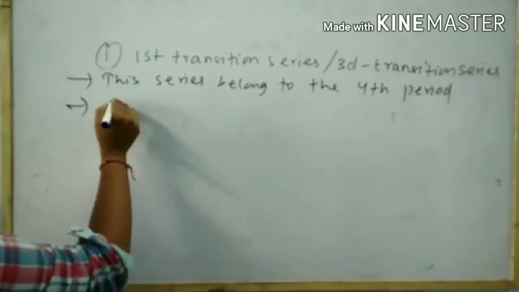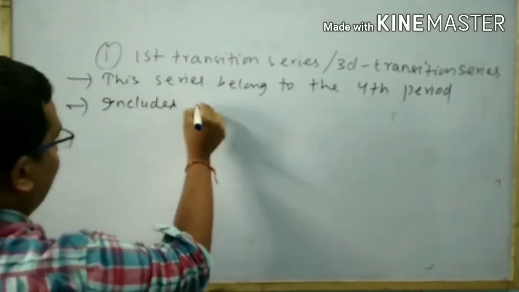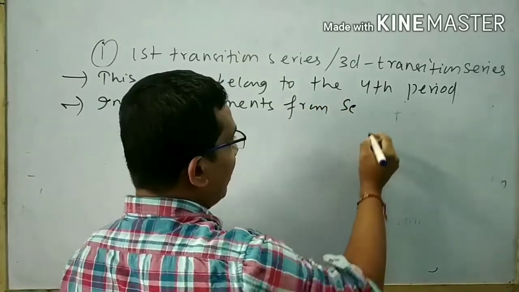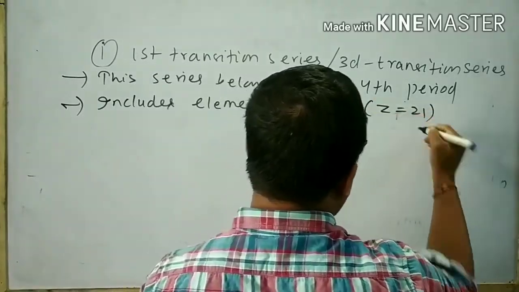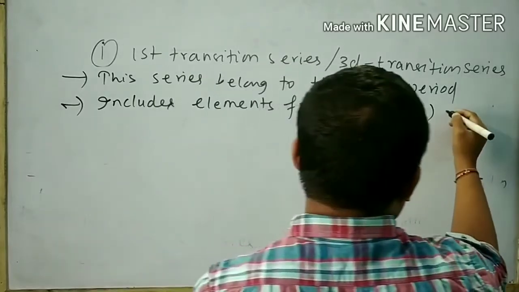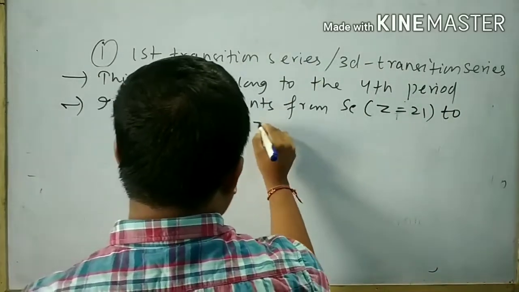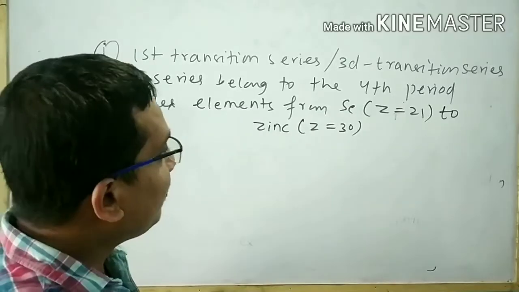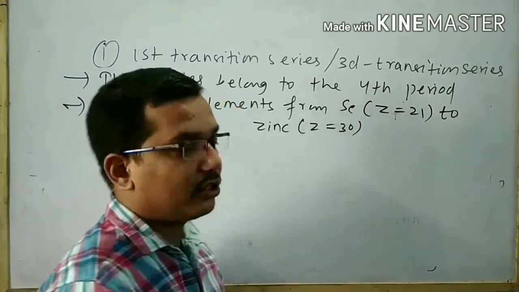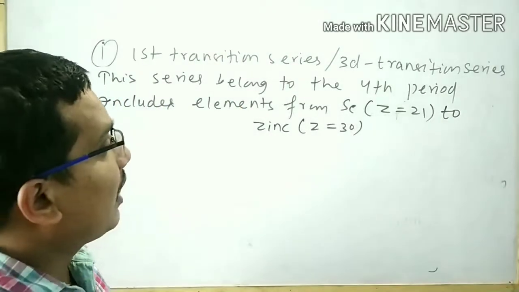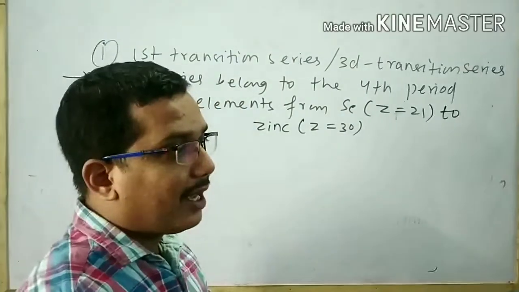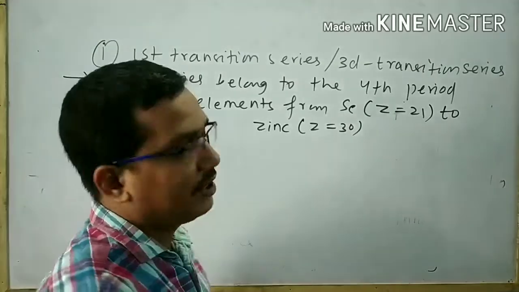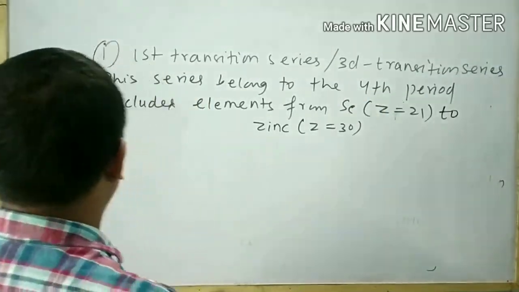This series includes elements from scandium having atomic number 21 to zinc having atomic number 30. If you study the electronic configuration of scandium to zinc, the last electron is gradually filled in the 3d orbitals. So this transition series is called 3d transition series.